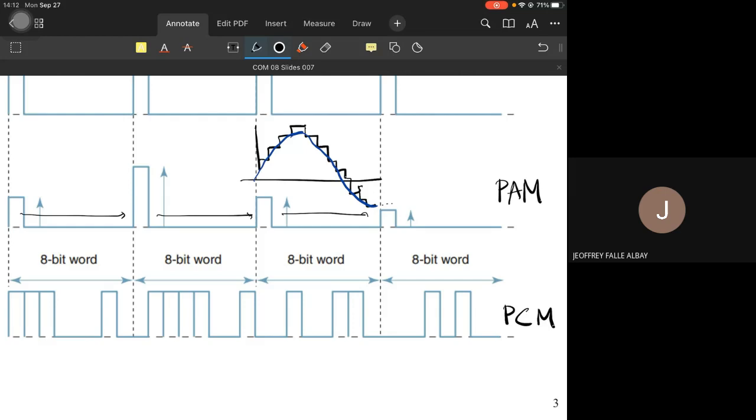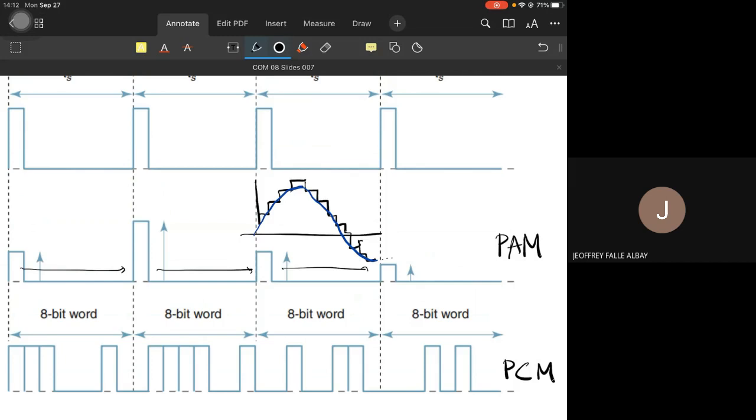For each voltage level, n number of bits is assigned, meaning n number of pulses corresponding to the n number of bits to be encoded. So for example, this one.